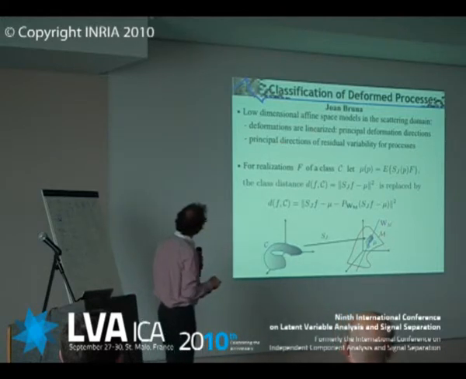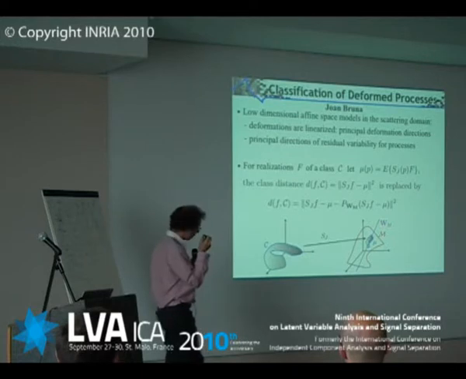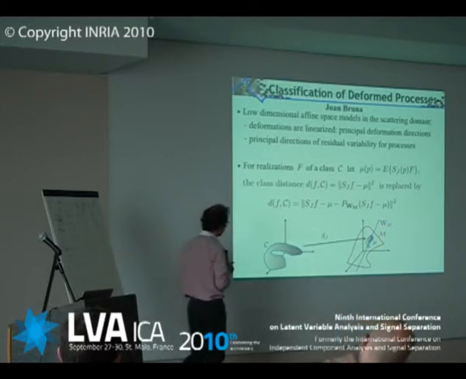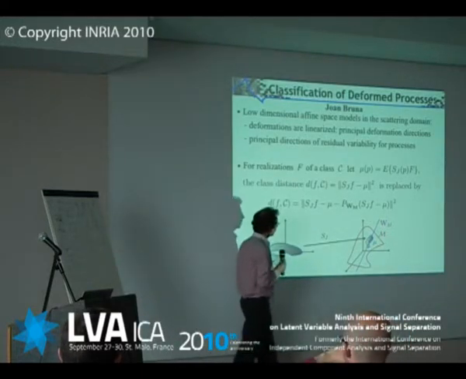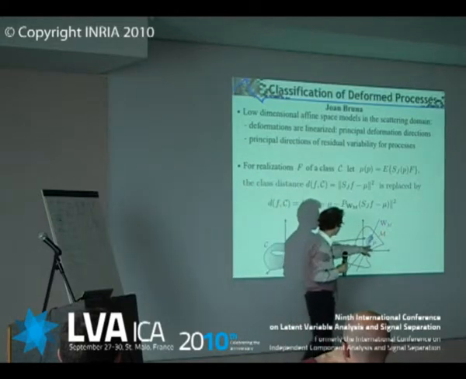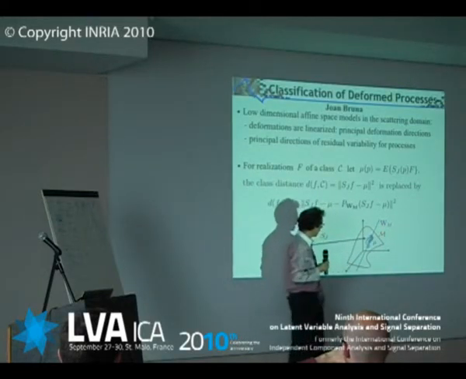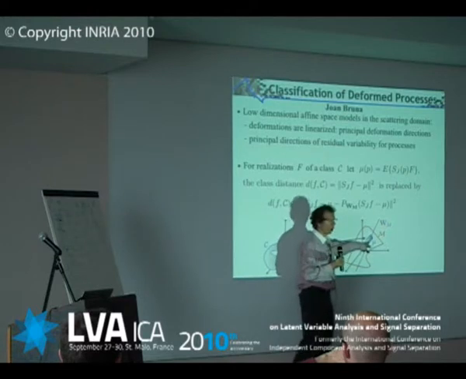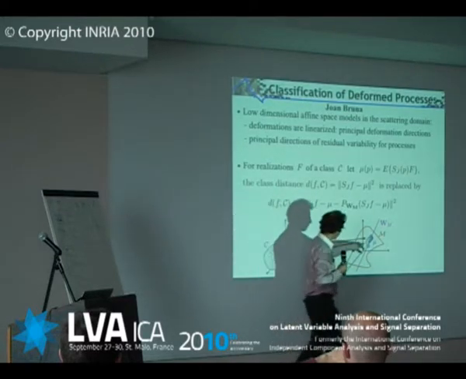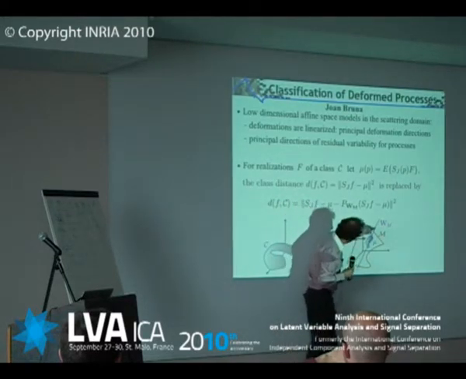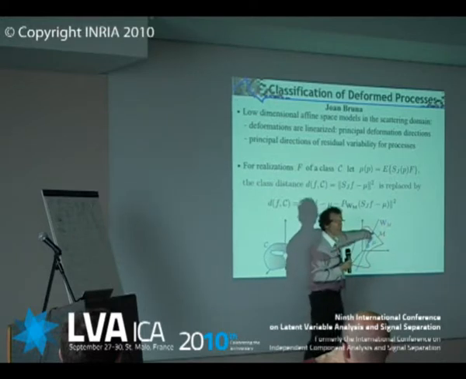So I'm going basically to define a distance. My class is sent somewhere in my manifold by my transform. I have the mean of all the elements of the class. And I'm going to say, well, along this direction, I had a lot of deformation, so it's okay.